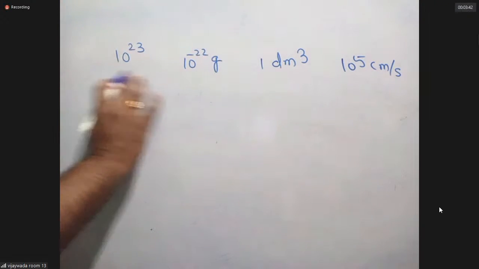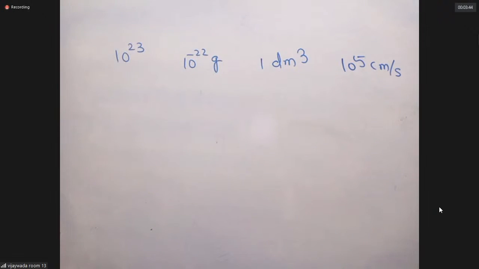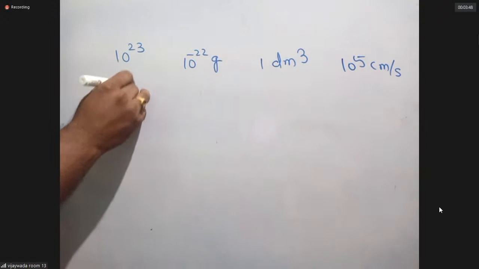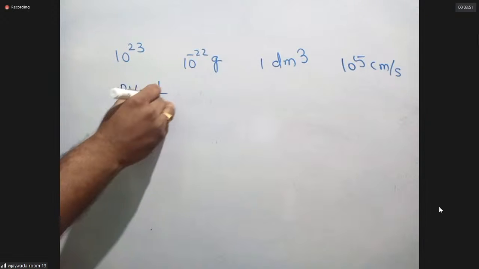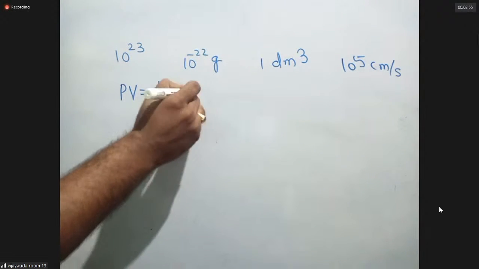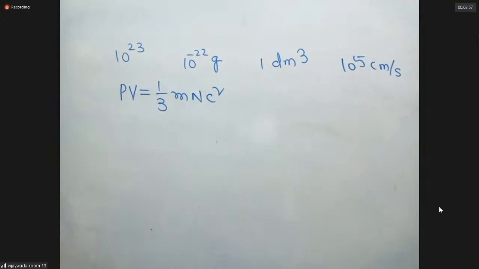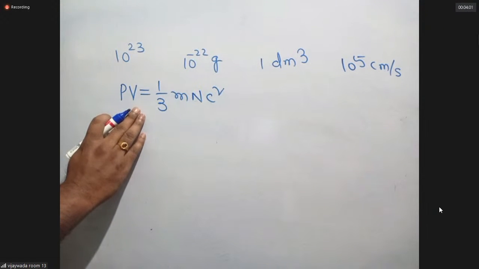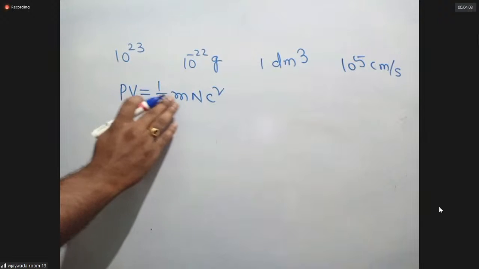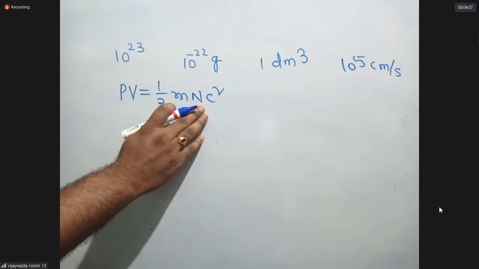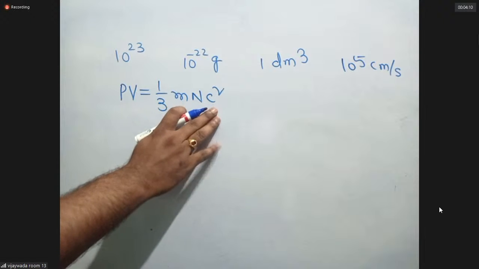So these are the given values. According to the kinetic gas equation, PV equal to 1 by 3 mn c square, where P is the pressure of the gas, V is the volume of the gas, m mass of each gas particle, n number of gas particles, c RMS velocity.